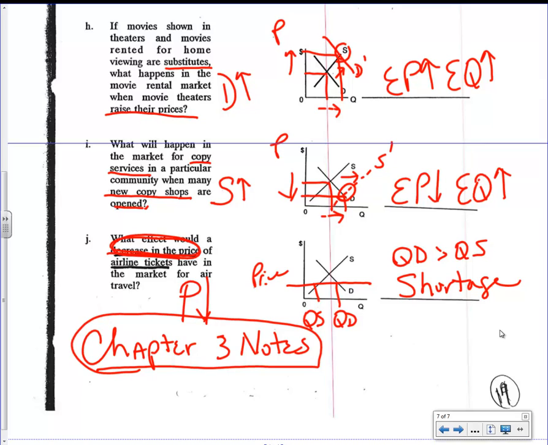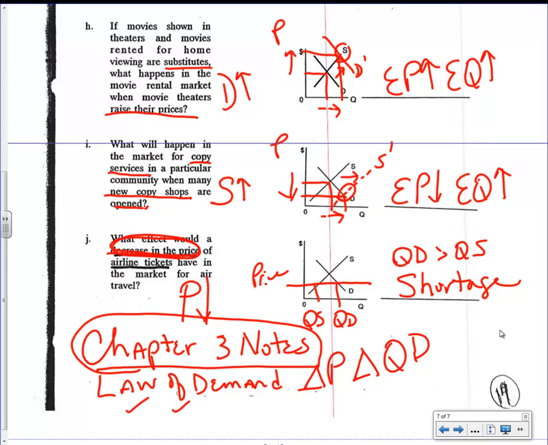We need to know that the law of demand simply says when you change the price, you change the quantity demanded and you move on the demand curve. The law of supply says you change the price, you change the quantity supplied.